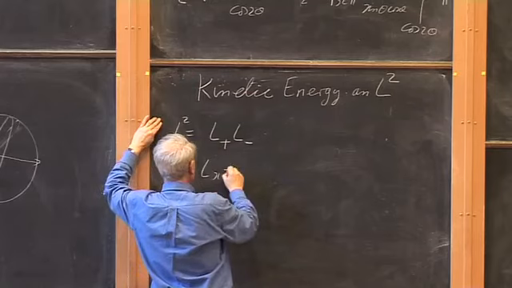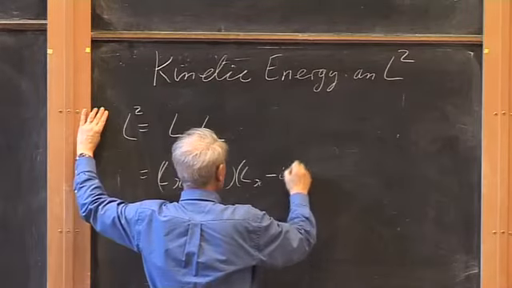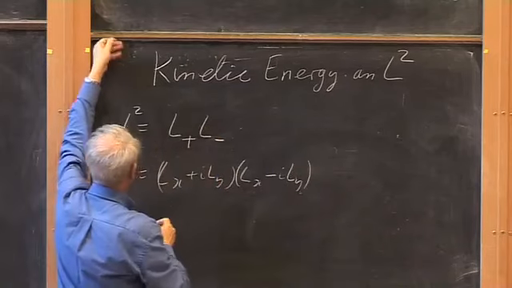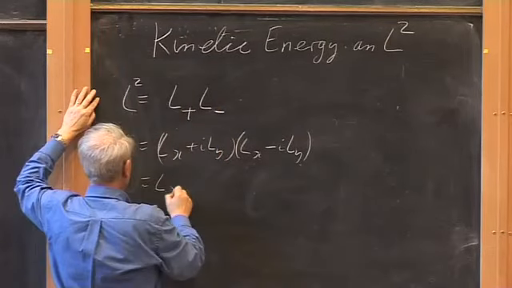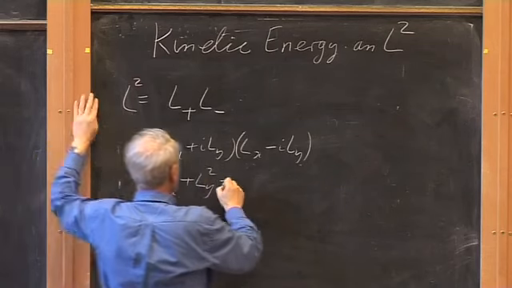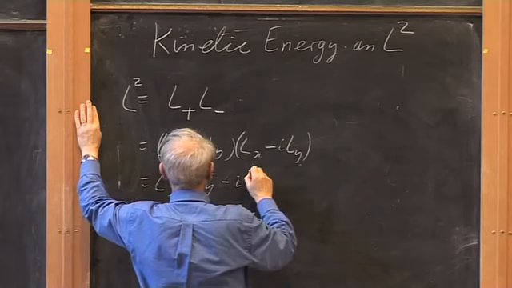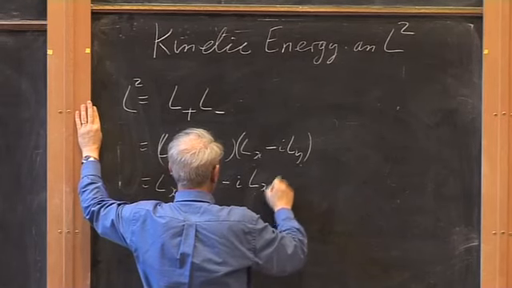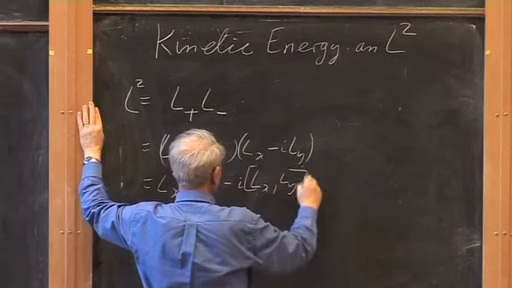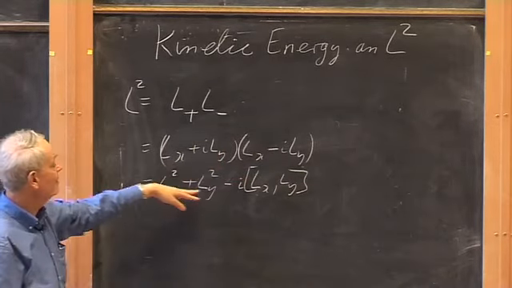This is Lx plus i Ly, Lx minus i Ly. What's that going to come to? That's going to come to Lx squared plus Ly squared plus, well, minus i times the commutator of Lx and Ly. That's what this thing multiplies up to.